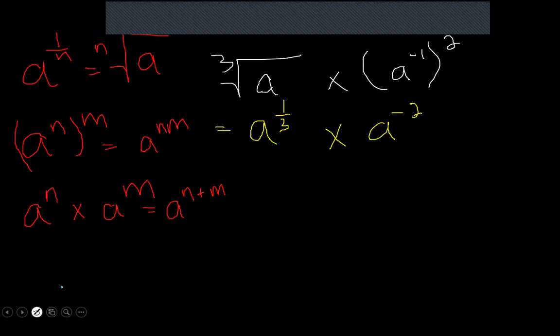I see that they have the same base and they multiply by each other. So to simplify it, I have to add the indices. A third plus -2, that's the same as a third minus 2. What's that going to give me? A to the power of -5 over 3.